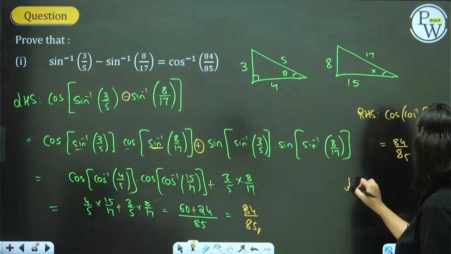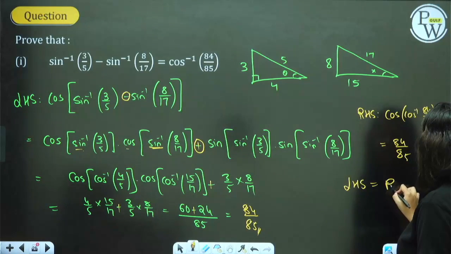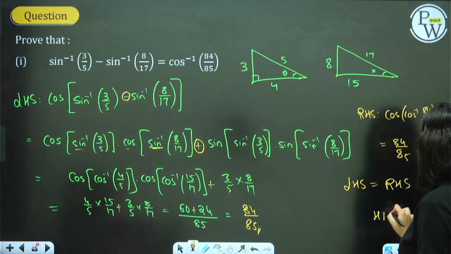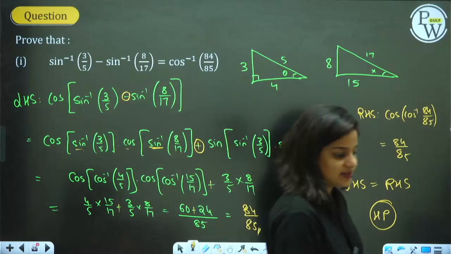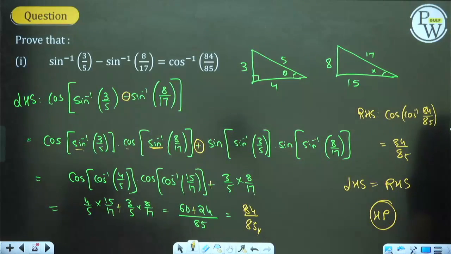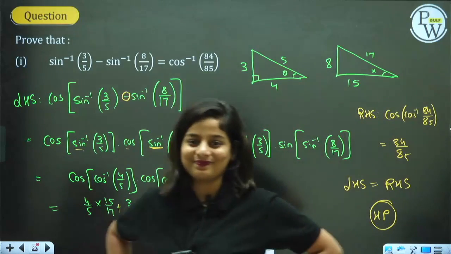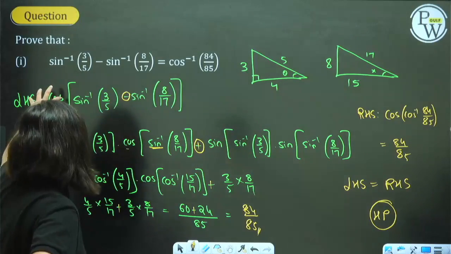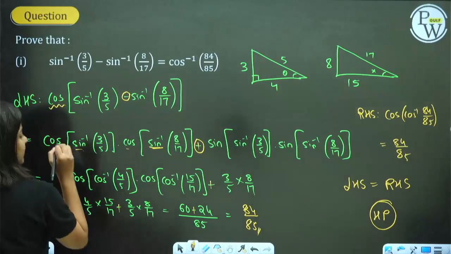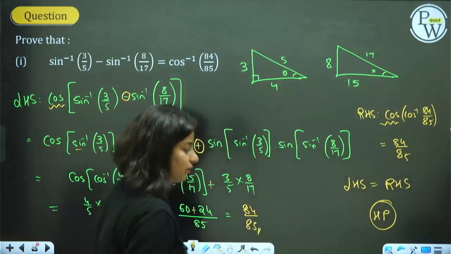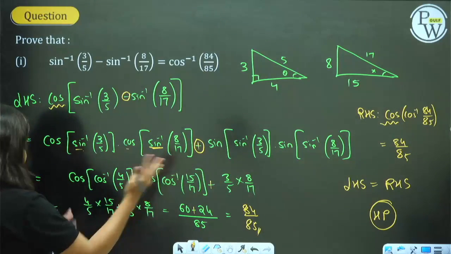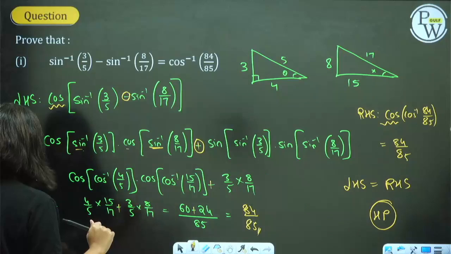Can you now see LHS is equal to RHS? Hence proved. So in the LHS we added cos on our own. In the RHS also we put cos. And then check whether LHS is equal to RHS or not.